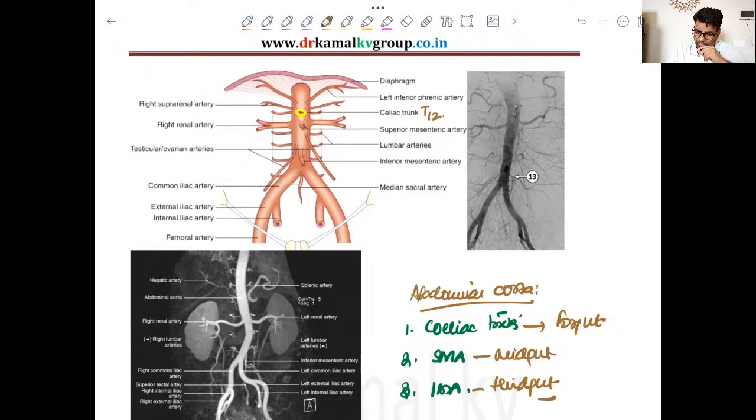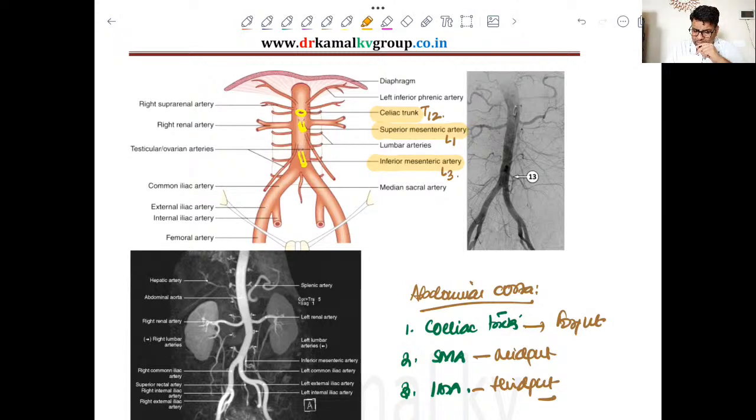Slightly below it is the origin of the superior mesenteric artery at the level of L1, and lower down is the inferior mesenteric artery at the level of L3. So everyone has to remember these few branches: the celiac trunk, the superior mesenteric artery, and the inferior mesenteric artery, and their vertebral levels, right?